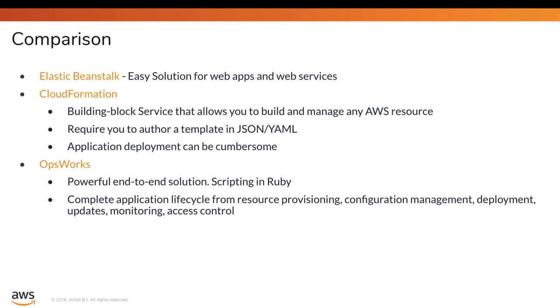So you don't need to manage any of the other services which are integrated with Elastic Beanstalk. This is pretty straightforward whenever you're starting from scratch, or you want a quick way of deploying your solution into AWS.